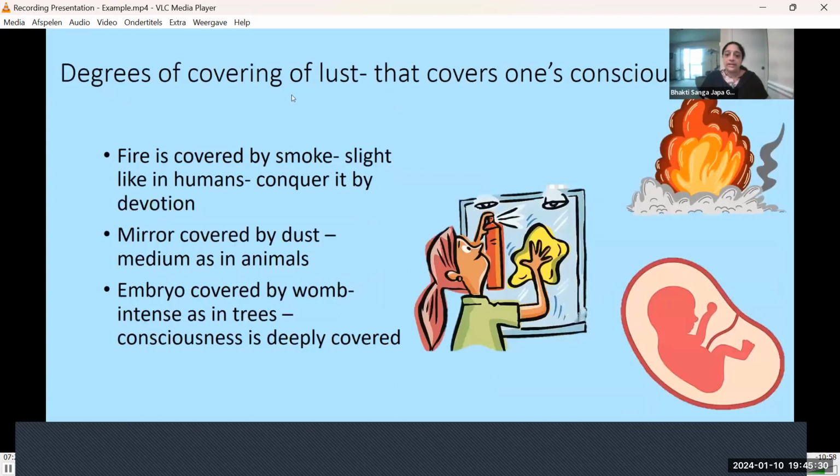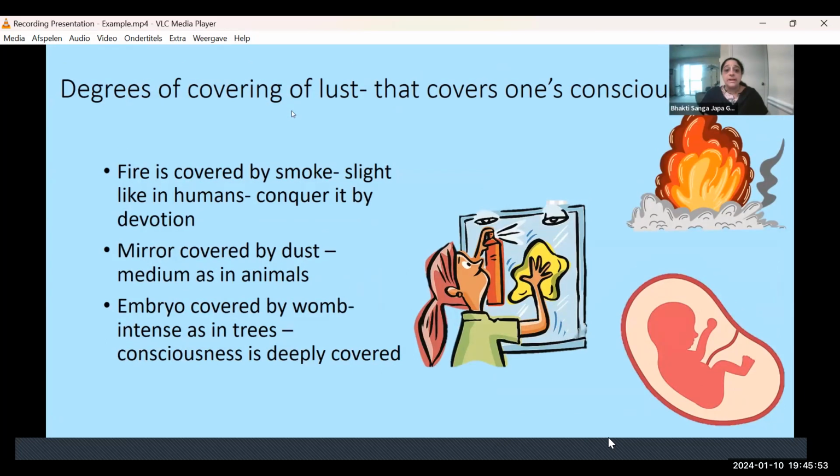Now that we understand that we have lust, there is a very beautiful analogy given by Krishna to explain the degrees of covering of lust, because it is this lust that is covering one's consciousness. What are these three degrees of covering? The first in this analogy is fire covered by smoke.